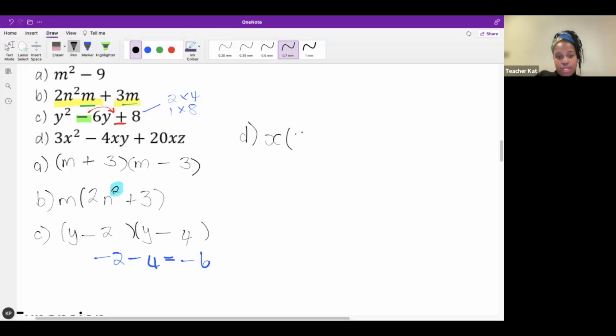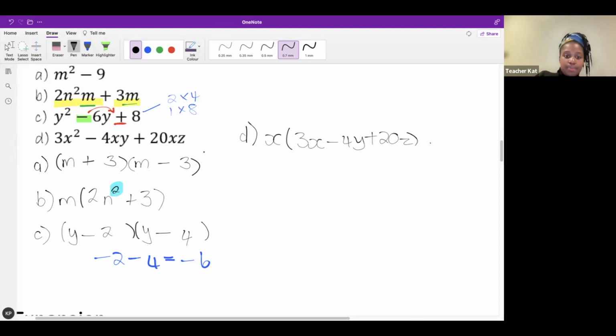I have a 3X. Second term, negative 4Y. And my final term, plus 20Z. Is there anything else that we can do with that bracket? No.